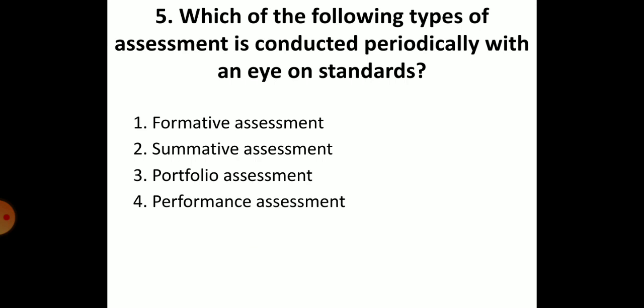And summative assessment is carried out at the end of a course or learning. Examples of summative assessment include end of unit or chapter tests, final projects or portfolios, achievement tests, and standardized tests. Periodic means assessment of performance done frequently at the end of a unit or term.